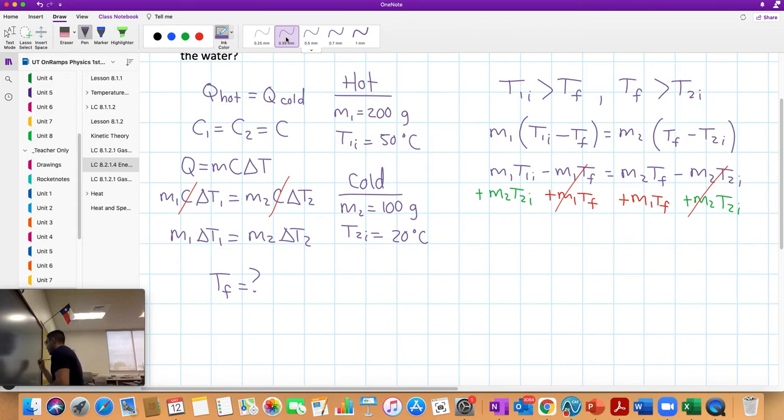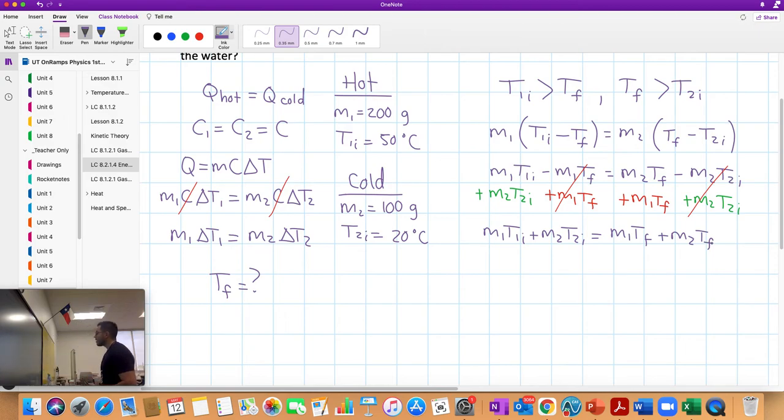So now we'll have mass 1 times temperature 1 initial plus mass 2 times temperature 2 initial equals mass 1 times temperature final plus mass 2 times temperature final.